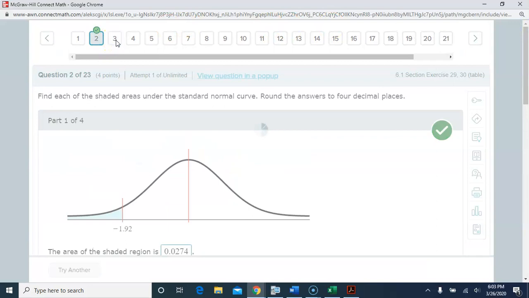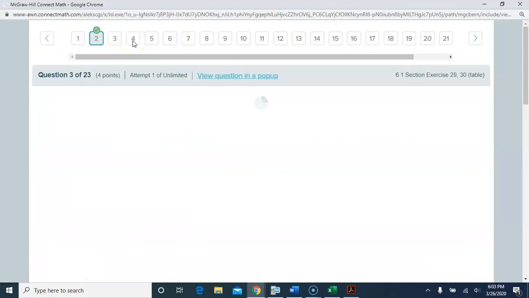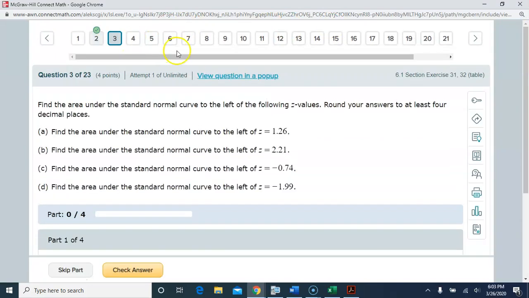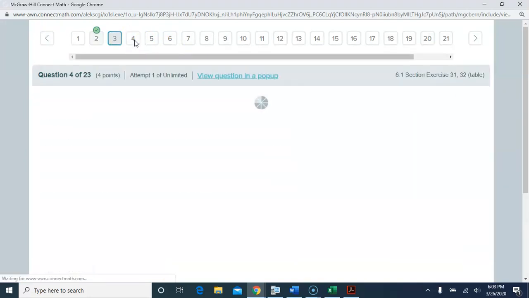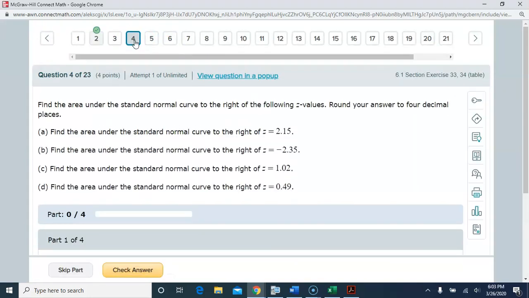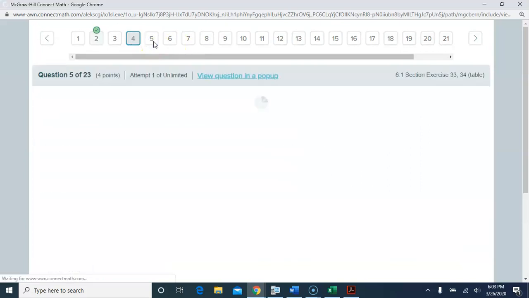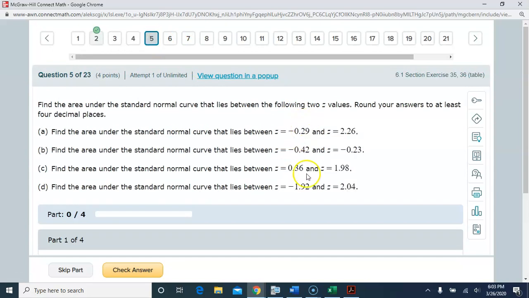Like I said, most of these early problems already are in terms of z-scores: to the left of a certain z-score, to the right of a certain z-score, in between a couple of z-scores.